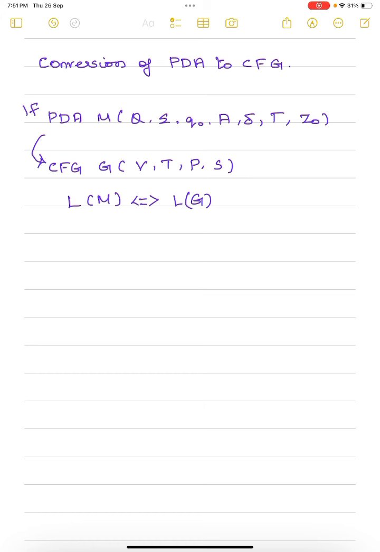Now, if we want to convert a push-down automata into a context-free grammar, we should be able to define all these four tuples, because the context-free grammar G will be defined with the help of only these four entities. V is the set of variables or set of non-terminals. T is the set of terminals.